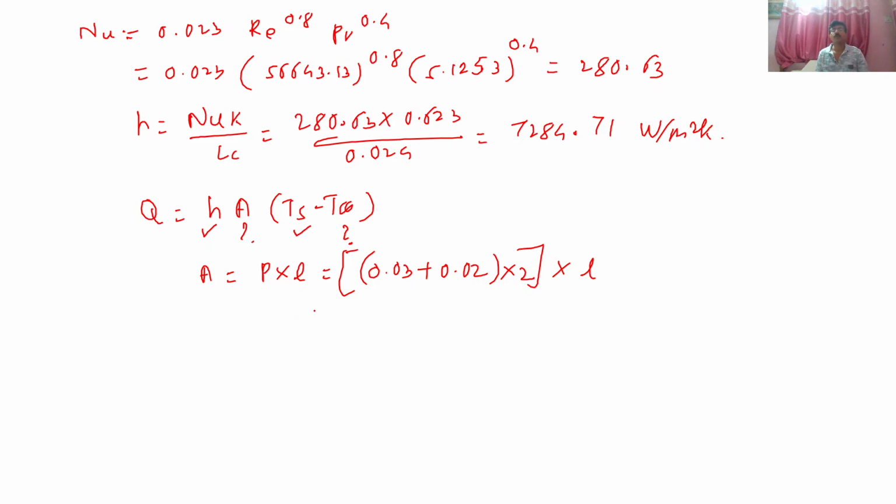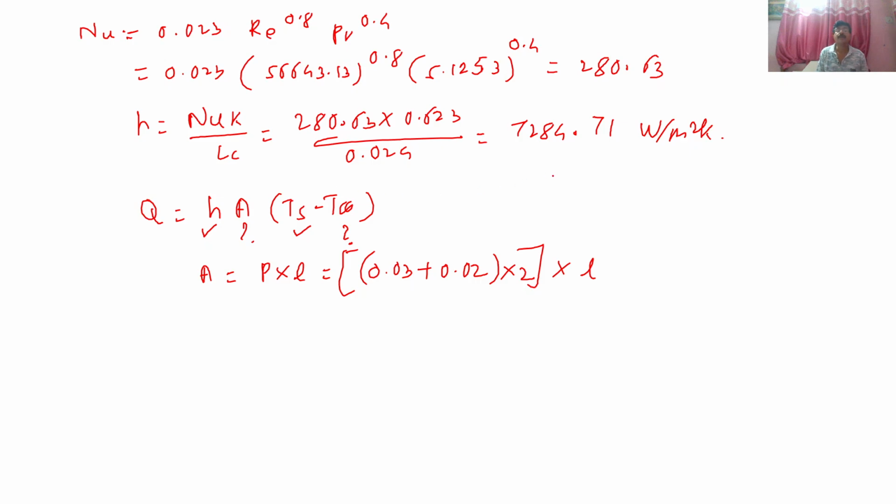So what does it become? Just I will check the calculator. 0.03 plus 0.02 into 2, it is 0.1.